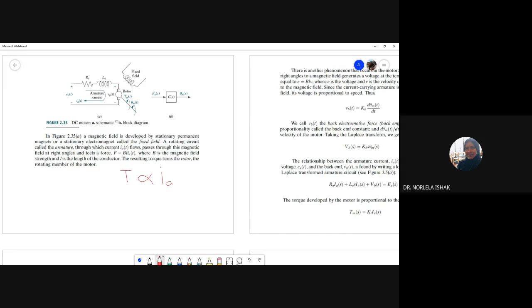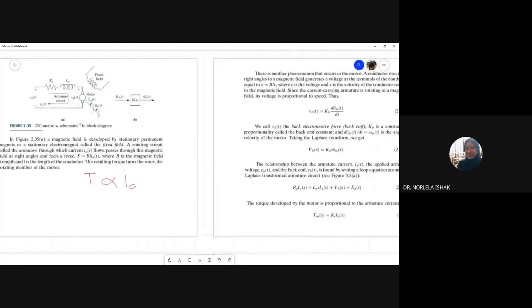The resulting torque turns the rotor, because we get torque when current flows through the magnetic field. So the resulting effect is a torque, meaning torque is proportional to the current. That's one equation you can derive from the motor.